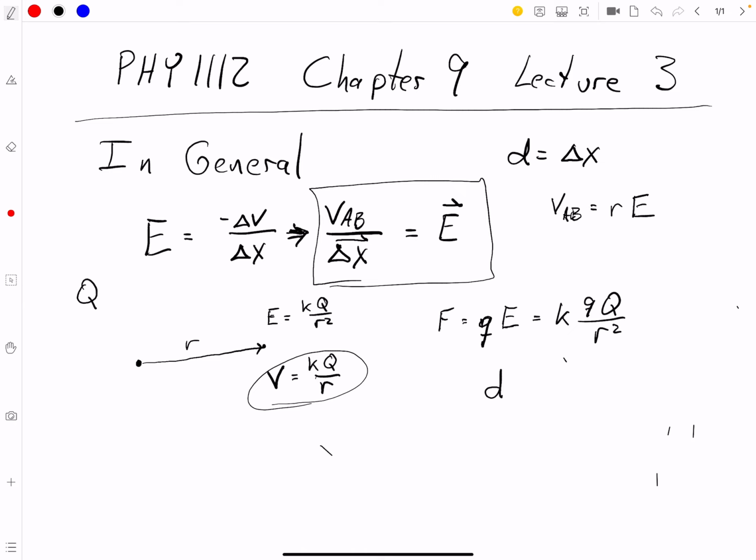Delta V equals R E, because D equals R, and that equals our VAB.